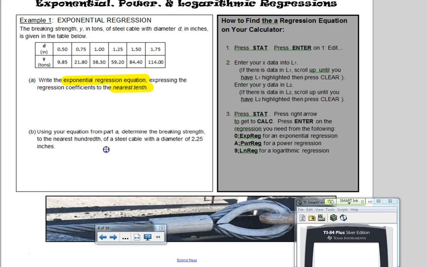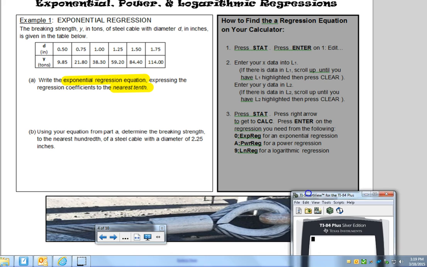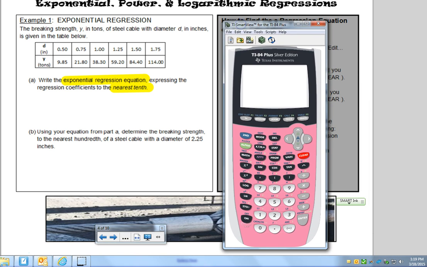Okay, so going to our calculator, we are now going to do what we normally do. We're going to put our list in, and the information on the right is the information for the 84. But again, it's the same steps you used to do before. So go to wherever your tables are, input your data. It's going to take off the unnecessary zeros.